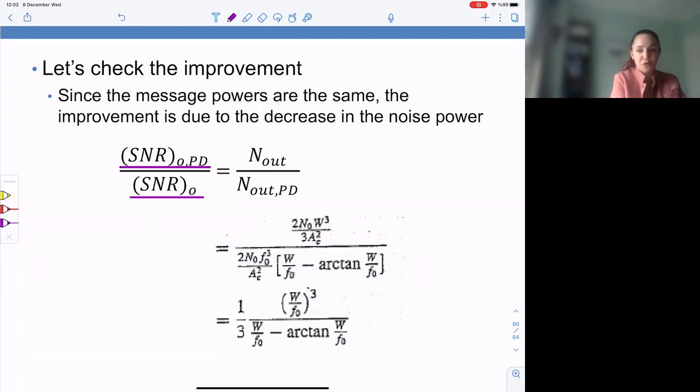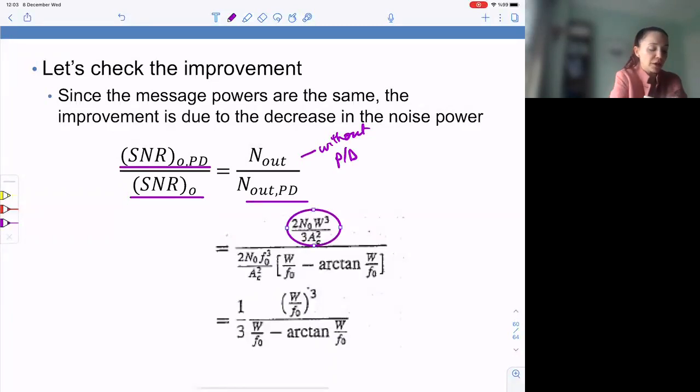I mean the inverse of the ratio, clearly, because signal to noise ratio, and noise is in the denominator. So we're looking at a noise power out without pre-emphasis de-emphasis filtering and with pre-emphasis de-emphasis filtering. Without, we have this expression which we computed last time, and with, we have this expression. So if you look at the ratio, this is the ratio.